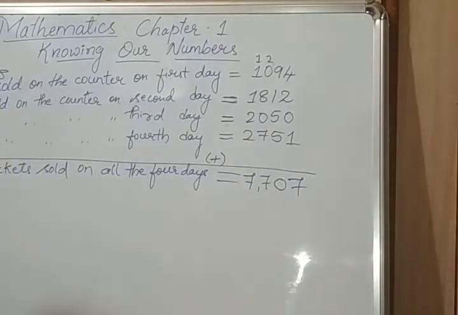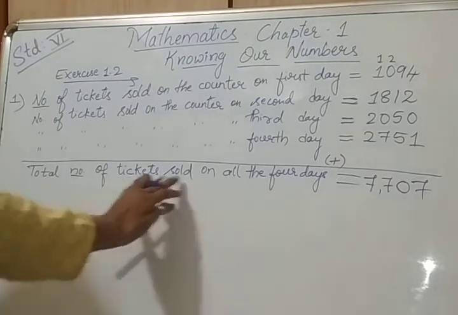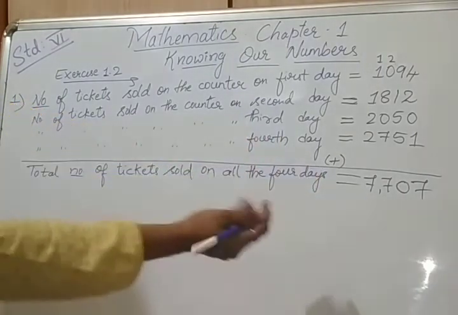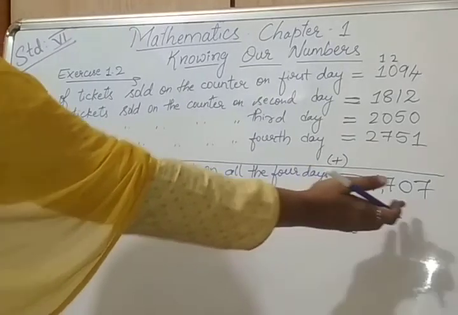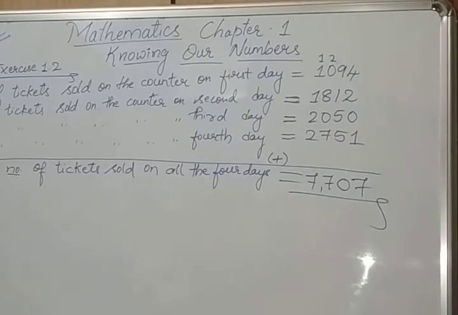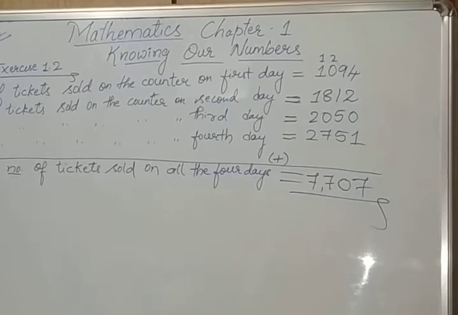So here you see, the total number of tickets sold on all the 4 days is 7,707. I hope children you understood this problem.